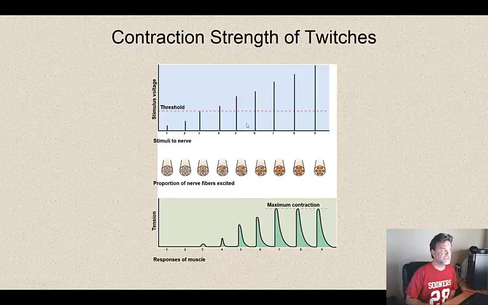The stimulus voltage keeps increasing, which increases the number of motor nerve axons activated. But once we get the maximum number stimulated, we're not going to get any greater strength of contraction. That's all we're going to get. So what this shows is that contraction strength is dependent on the strength of the voltage being applied. Kind of makes sense. It's a direct correlation.